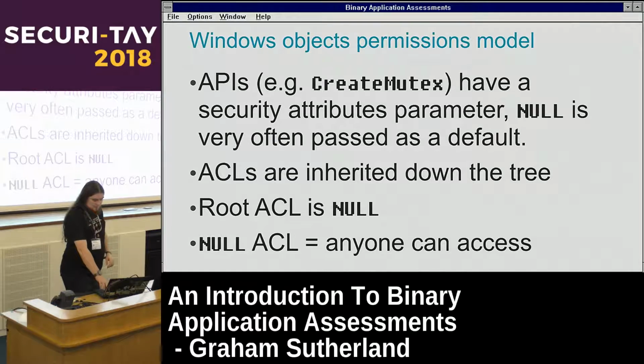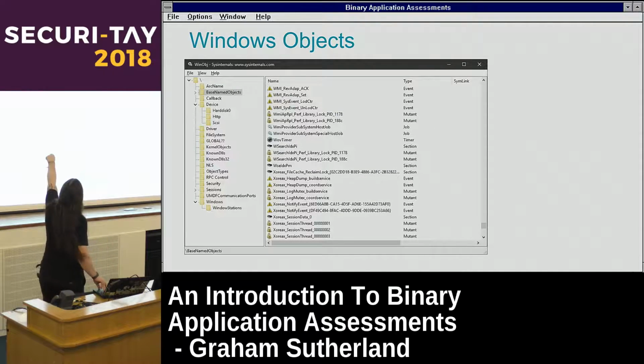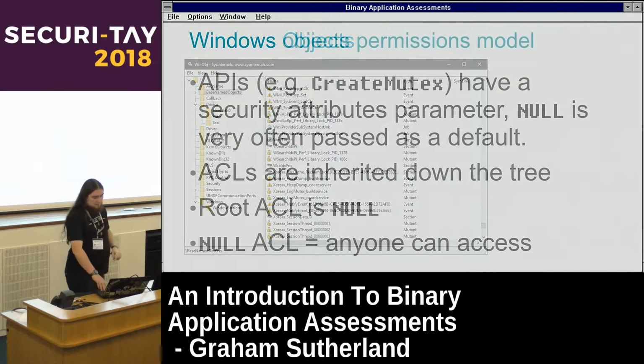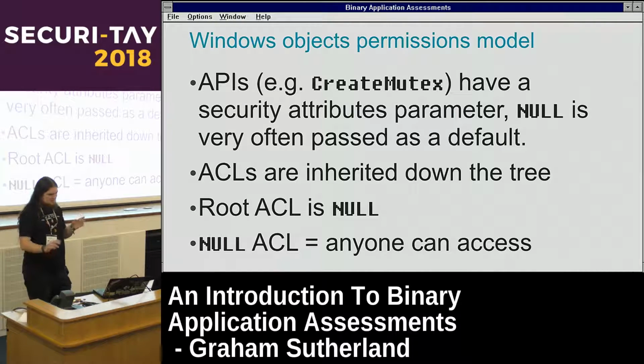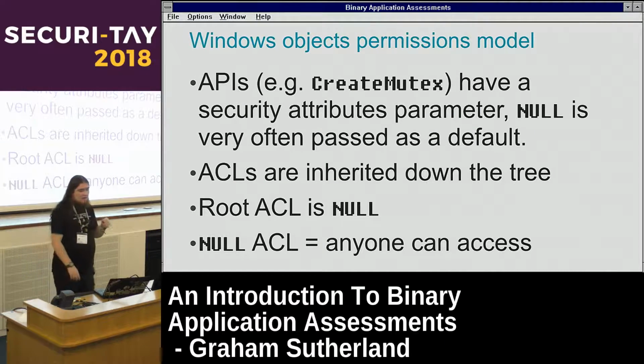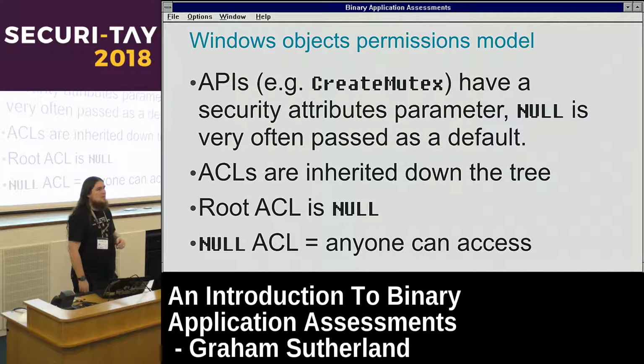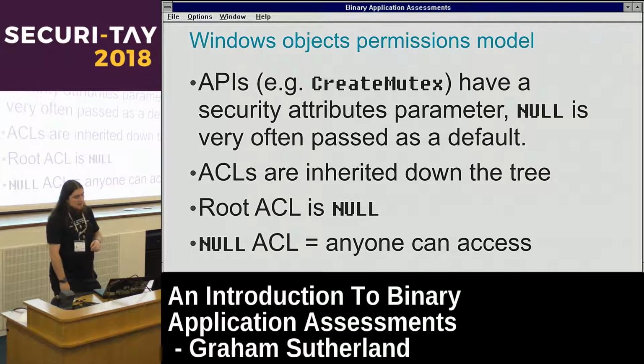So just going back one, you see at the top you've got this backslash in the folders, and then everything comes down from there. So APIs allow you to pass an ACL, a security context, I think it's called, security attributes. So an API like CreateMutex, or CreateSemaphore, or things like that. If you pass null, it just gives it no ACL, which means that everybody can access it.